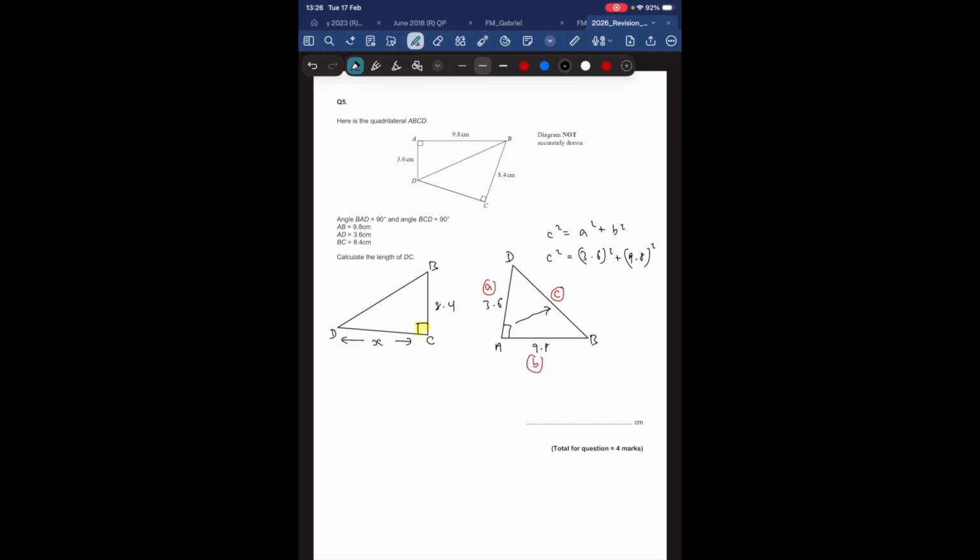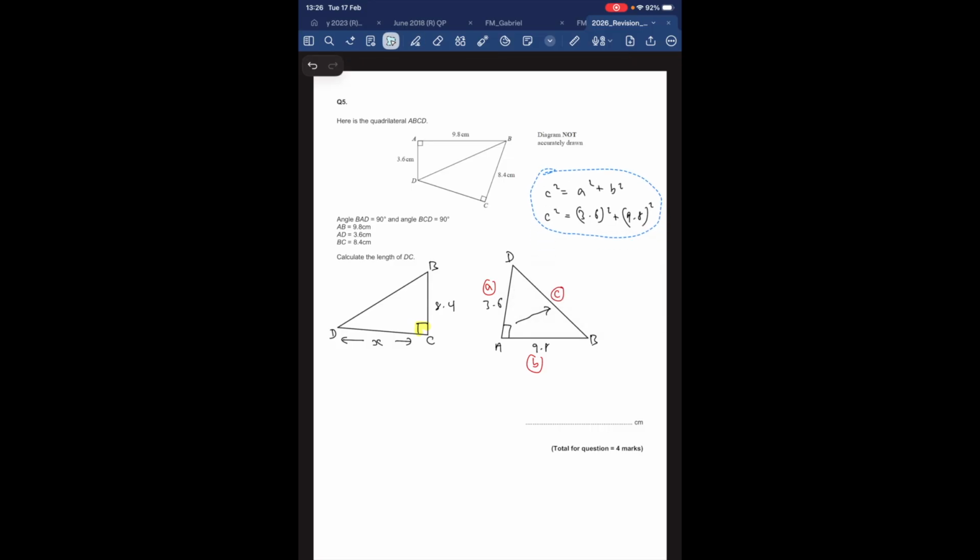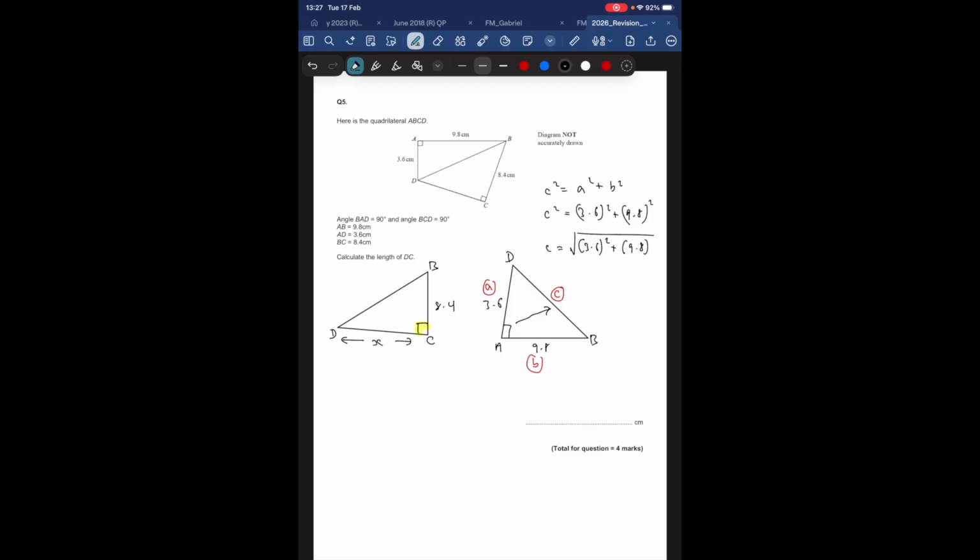Now, I'm not going to work it out just yet. What I'm going to do is just do everything in one go. So if I just move this up a little bit, we can then work out what c is by taking the square root of what we just wrote above. And we can do that all in one go.